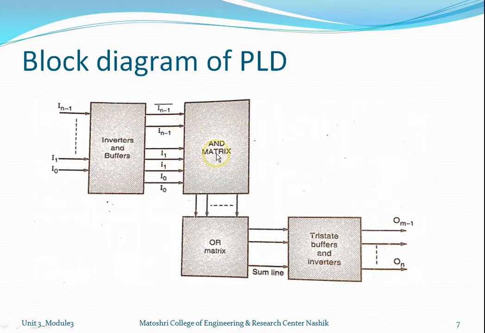Whenever we program it so that the lateral line and product line are connected, the cross point is shown by a cross sign or solid circle dot.